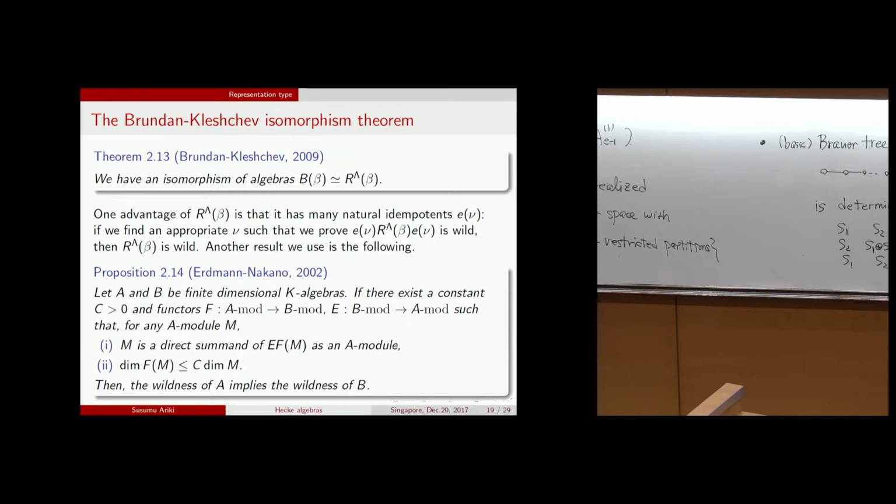And another result we use is the following lemma, proposition, which also appeared in a paper by Erdmann and Nakano. The proposition is the following. Let A and B be finite dimensional K-algebras.